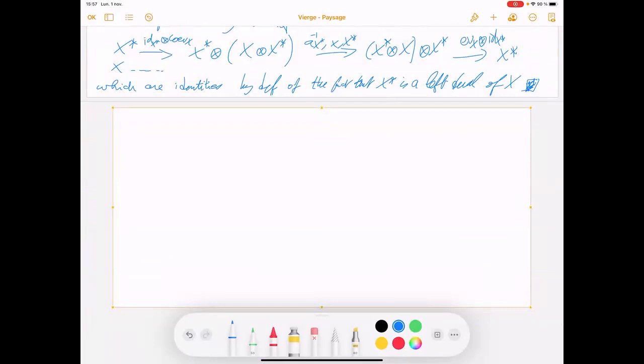But before that, okay. So similarly, you have the same.